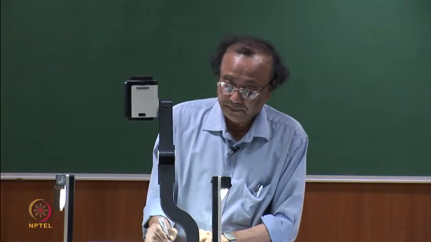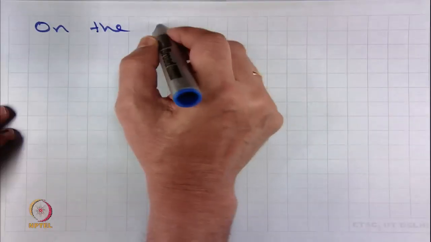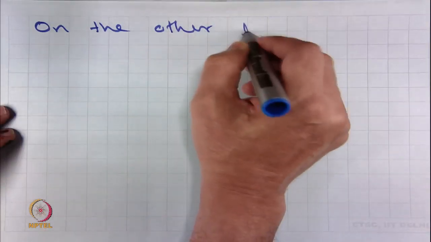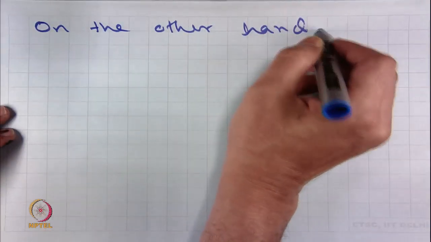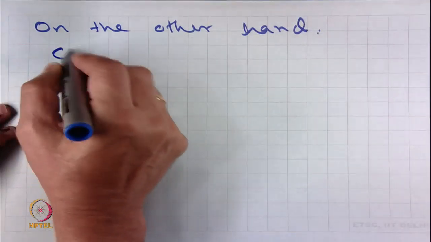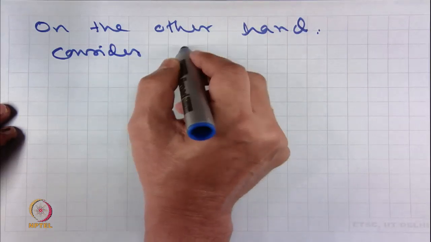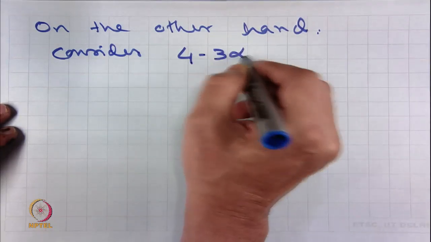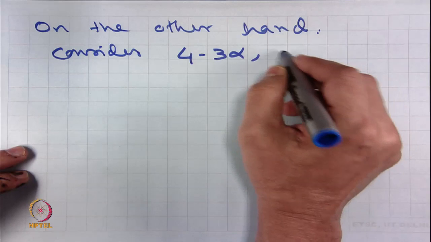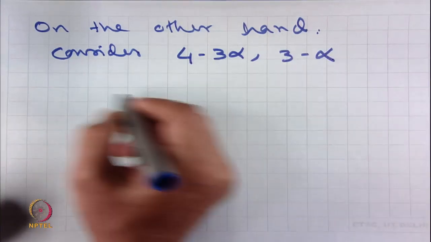On the other hand, consider 4 - 3 alpha and 3 - alpha.